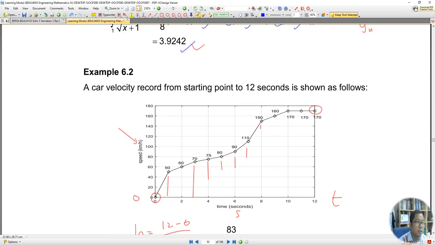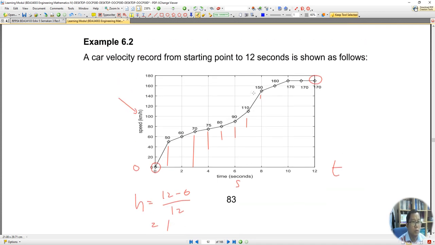Okay. So example 6.2 is about the car velocity record from the starting point to 12 seconds as shown as follows. So again, when we go for chapter 6, numerical integration, first you have to know about x0, xn, the n number, and h.